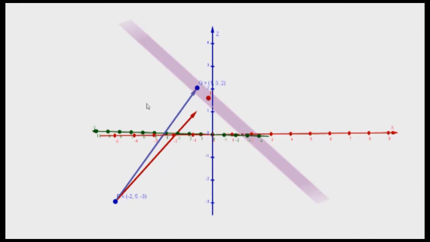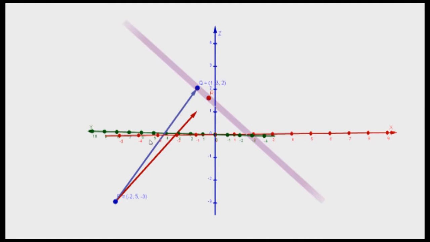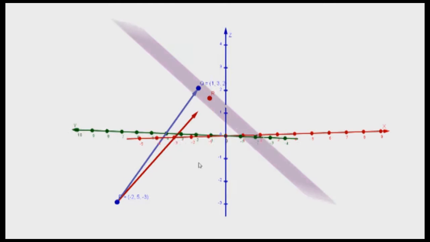Basically what we are going to do is project this vector PQ onto the direction of the normal, coming up this way, and form a right angle triangle here, and the theta is down here. Now the length is this distance PR. PR in the right angle triangle is actually PQ cos theta. The theta is in this corner here.